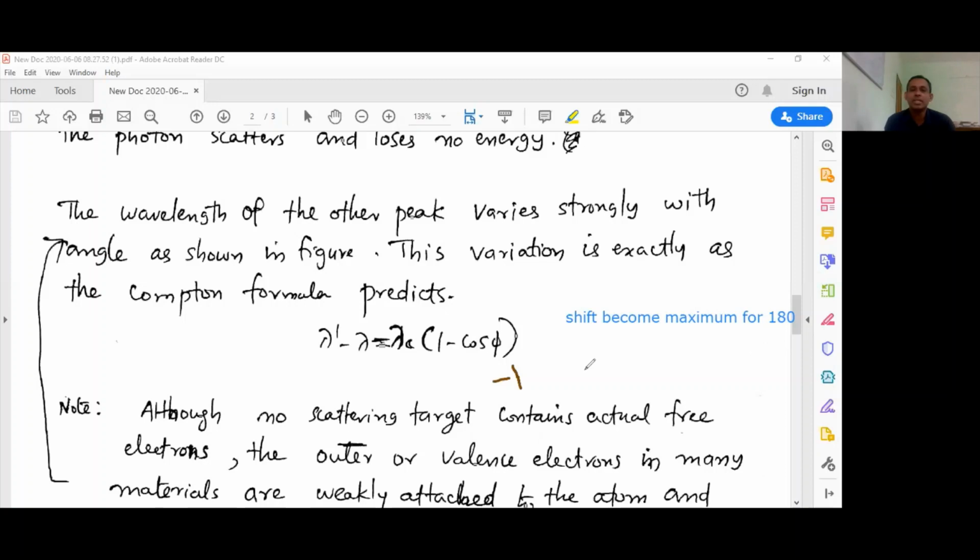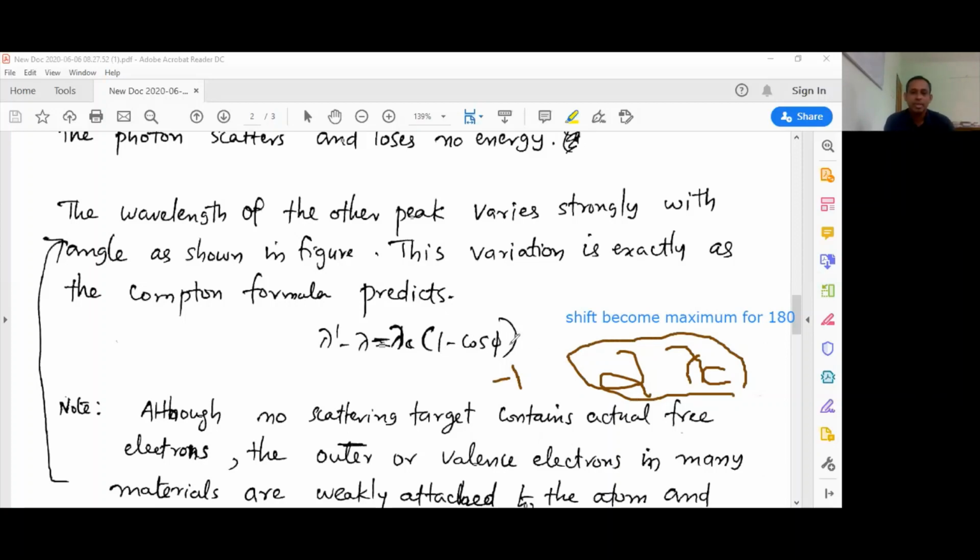Then delta lambda will be 2 times lambda c, two times the Compton wavelength, where lambda c is the Compton wavelength. So that is the maximum shift that we can get.